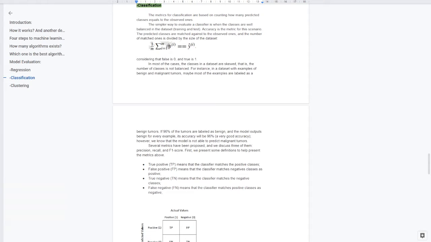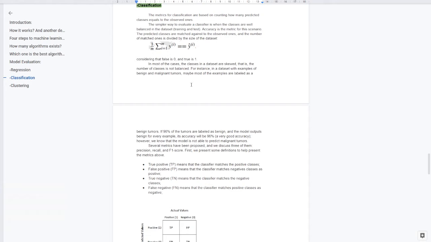We can see in this example that each real value is compared with the predicted values, and this returns a true or false value, considering that false is 0 and true is 1.